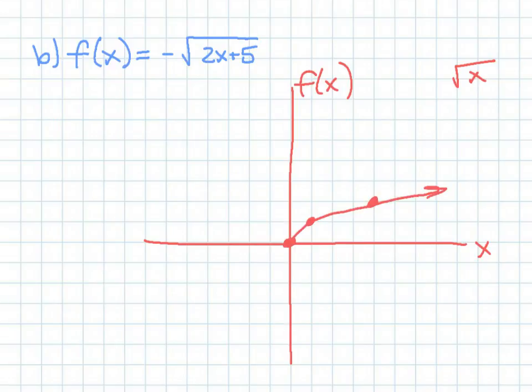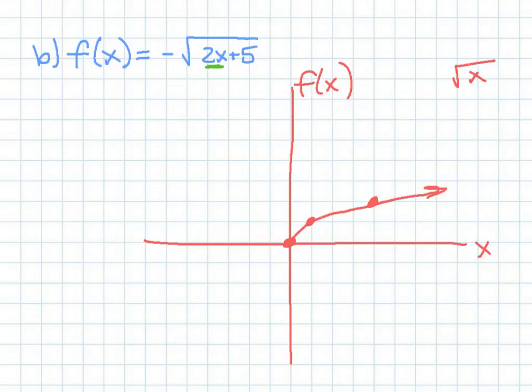So for negative square root of 2x plus 5, the next thing closest to the x is that 2. So since it's on the inside and it's a value that's greater than 1, then we are shrinking it horizontally, okay? So everything gets shrunk horizontally by 1/2.